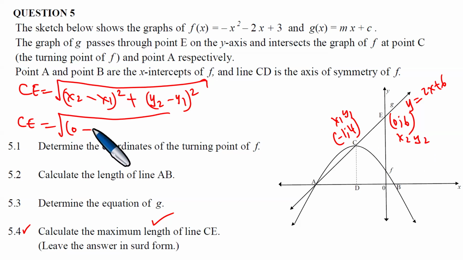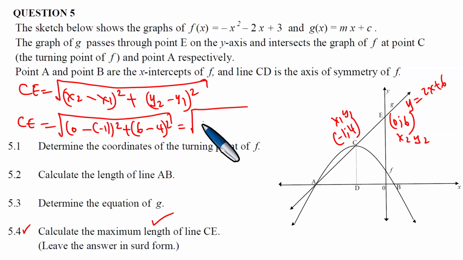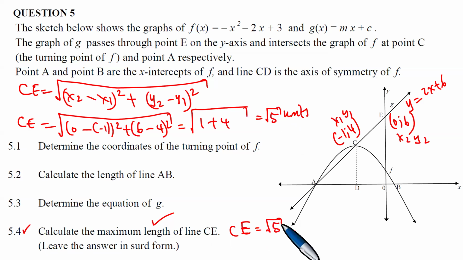It is 0, and x1 is -1, squared. y2 is 6, y1 is 4, squared. So this is 1 squared, and 6 minus 4 is 2 squared, which is 4. And then this is the square root of 5 units. That is CE.